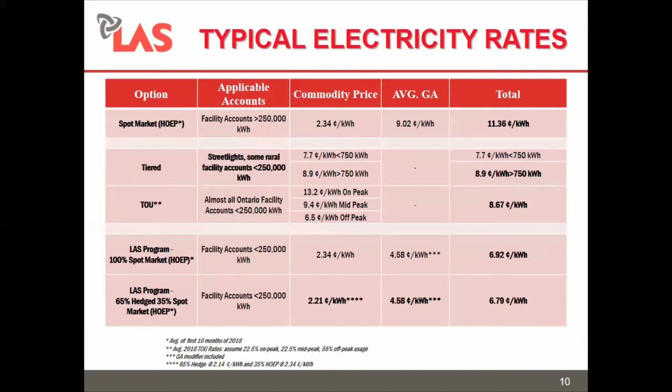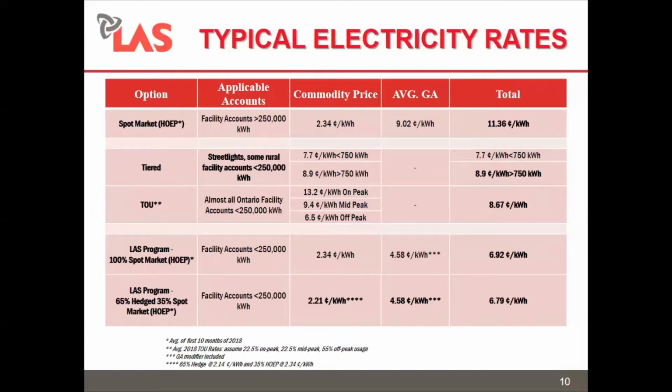So for the two-tier rates, you pay 7.7 for the first 750, and above that you pay 8.9. So overall, you have to pay at least 8 cents.